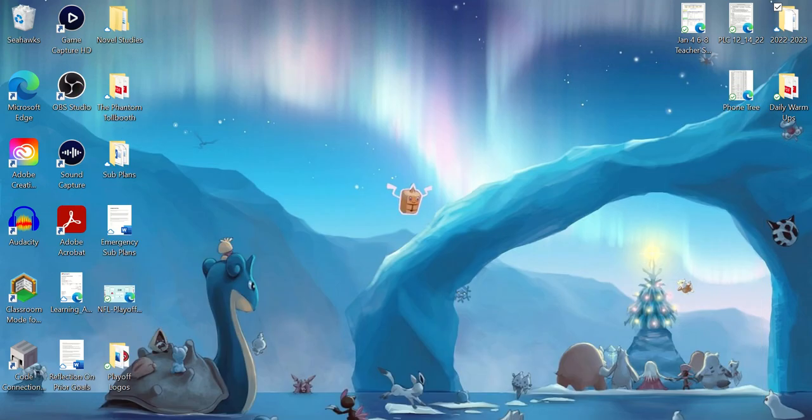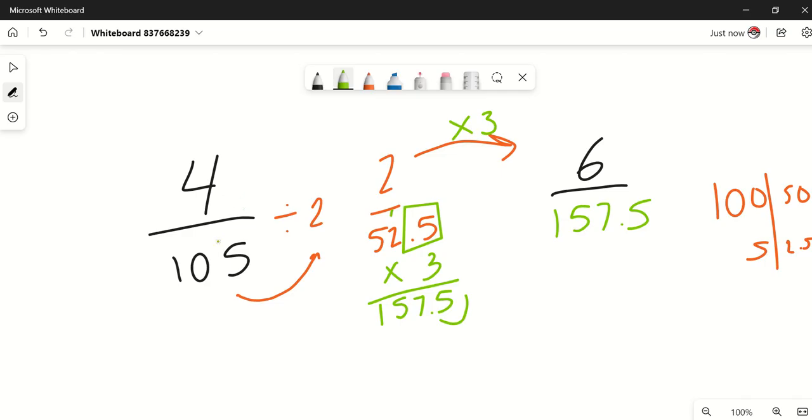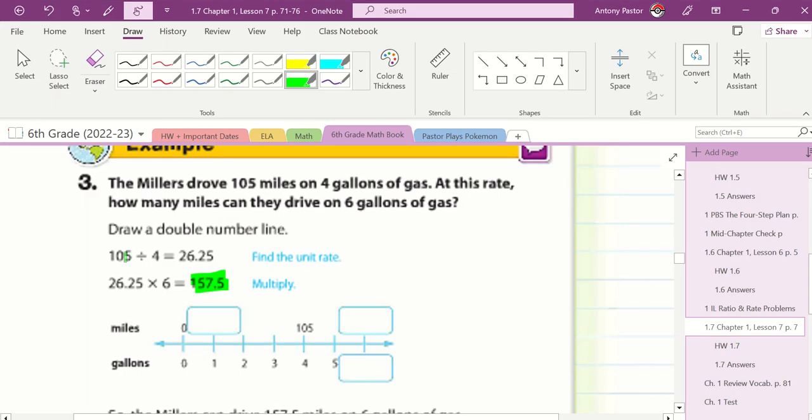You could find out how many miles 1 gallon of gas could get us, and then multiply it by 6. Or you can down convert it to convert back up. Either one of these is fine. So again, they divided 105 by 4. They got 26.25. So 1 gallon of gas gives you 26.25 miles. Because they're putting in 6 gallons of gas, they're going to multiply 26.25 by 6.